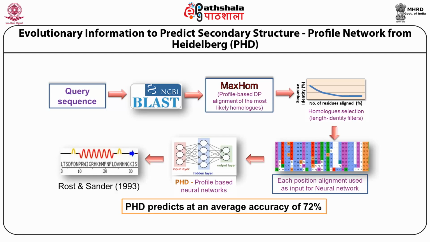The first level, which is a sequence to structure network, consists of 2 contributions, one from the local sequence and another from the global sequence. The second level is a structure to structure network. The third level consists of an arithmetic average of independently trained networks, and the final level is the simple filter. PHD rates at an average accuracy of about 72%.